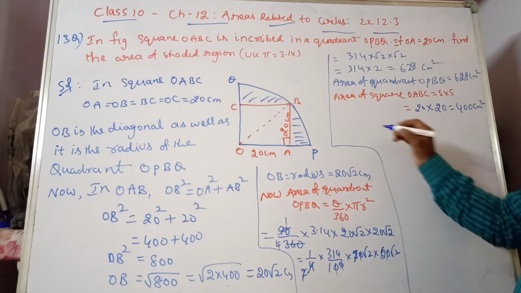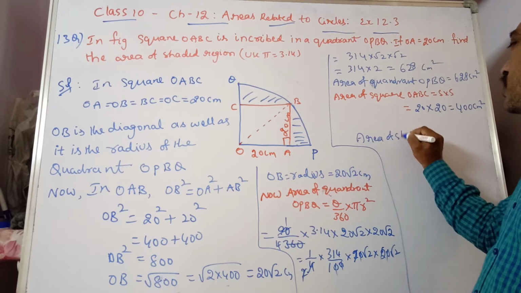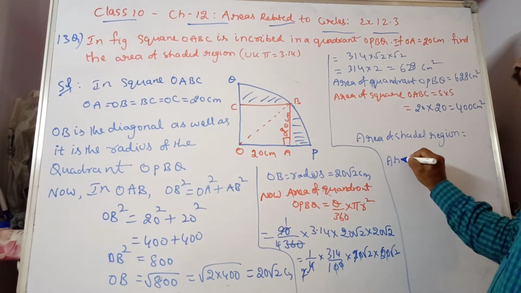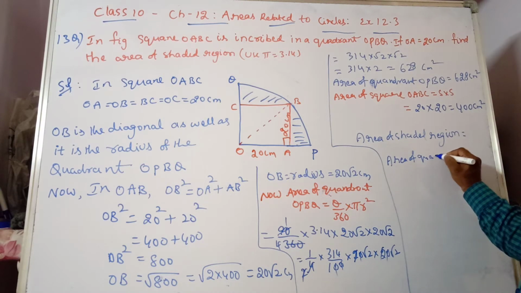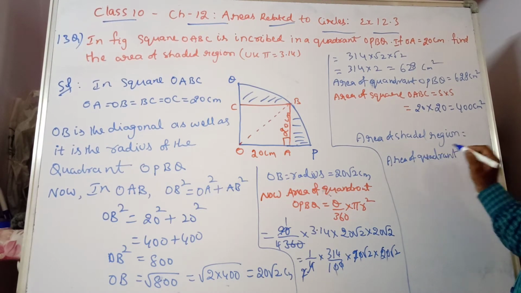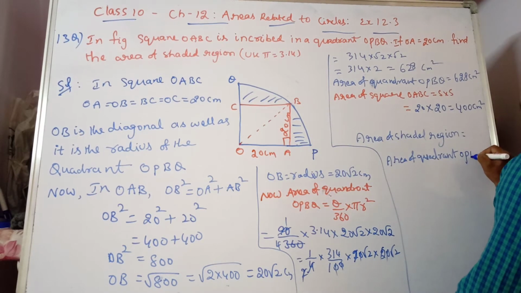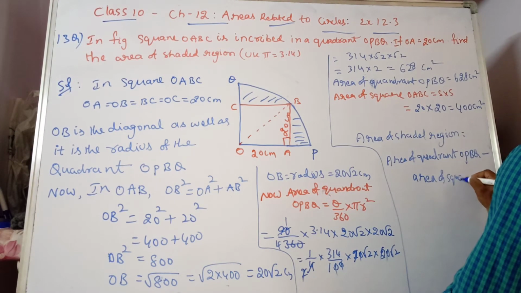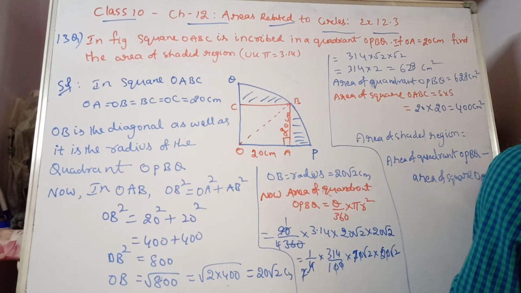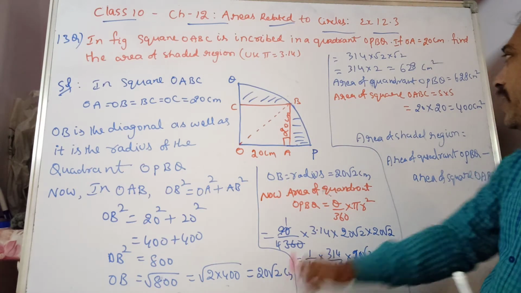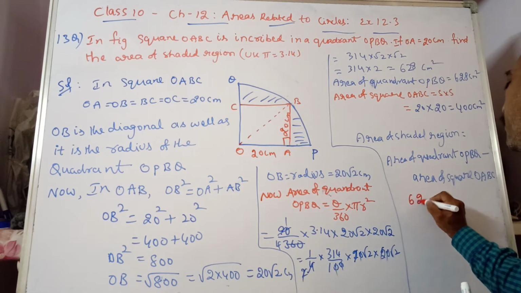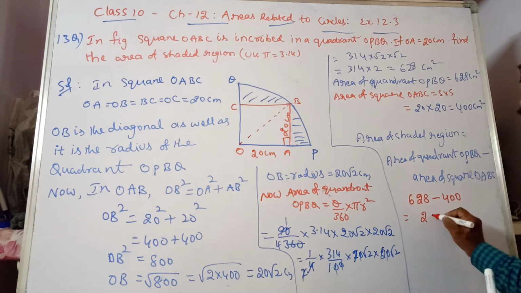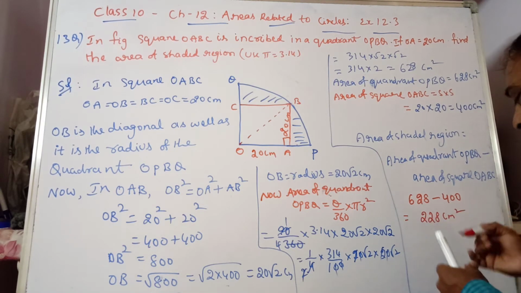Now, area of the shaded region is equal to area of quadrant OPBQ minus area of square OABC. So the area of the quadrant we got is 628 minus the area of the square we got, 400, which is 628 minus 400, so we get 228 centimeter square.